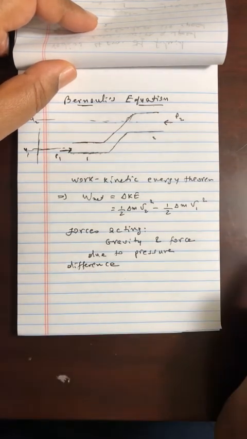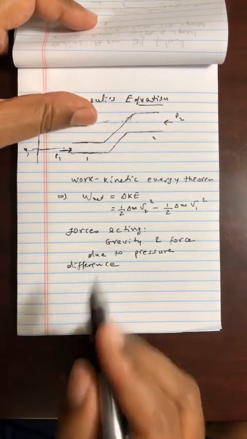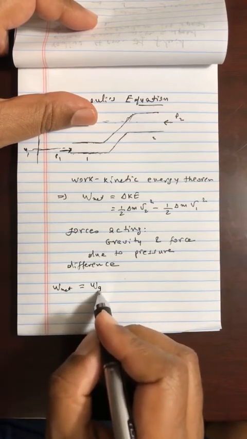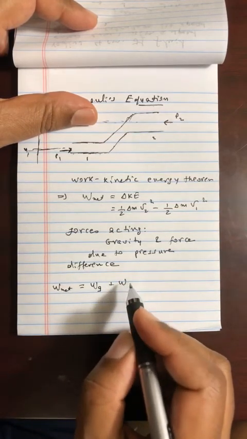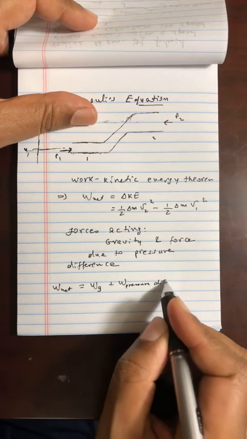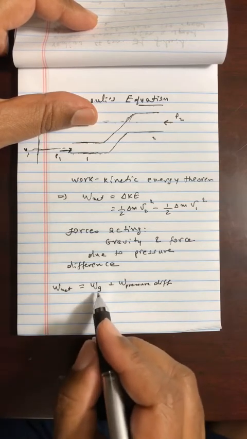Now work done, W net, equals work done by gravity plus work done due to pressure difference. All right, now gravity is a conservative force.